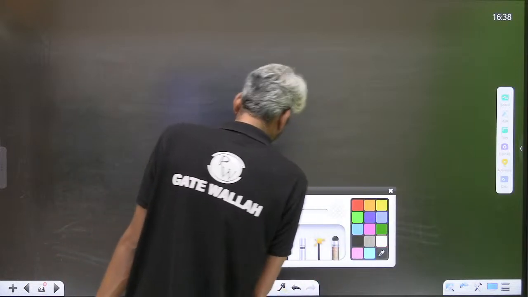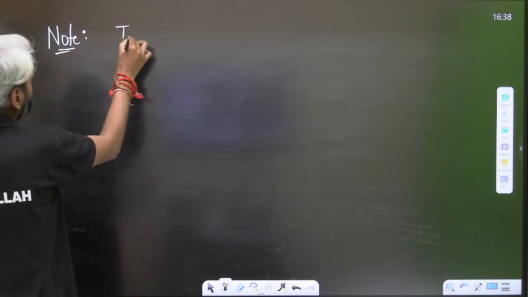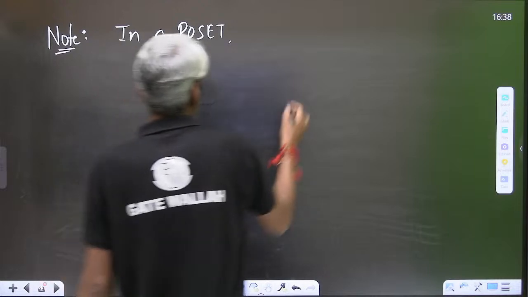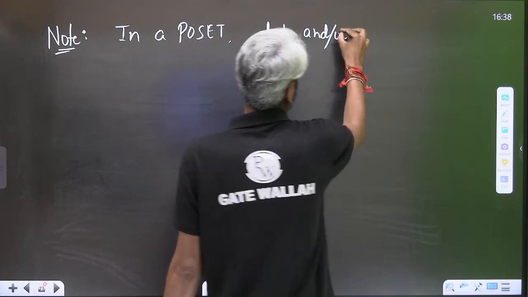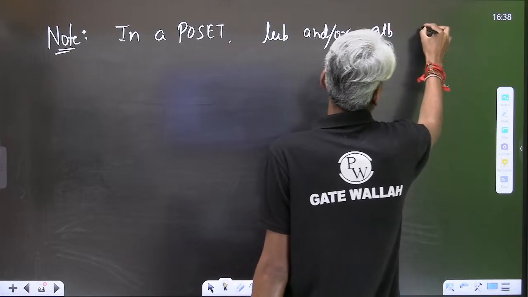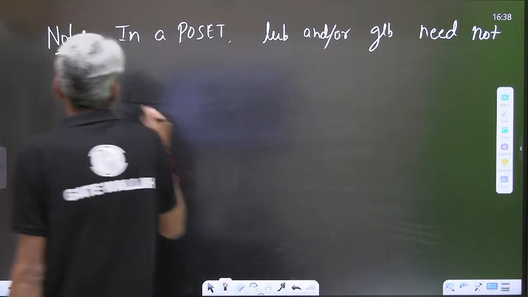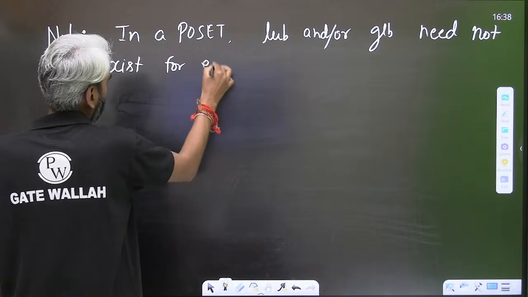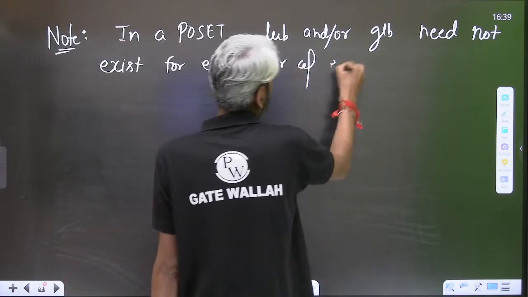Please try to understand that in a poset, the least upper bound and/or greatest lower bound need not exist for every pair of elements.